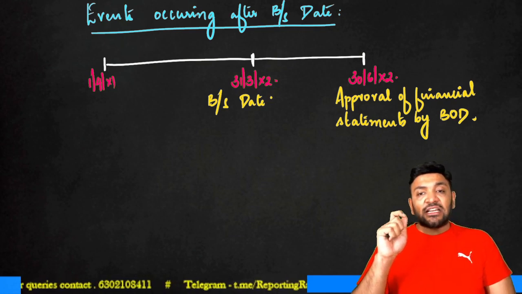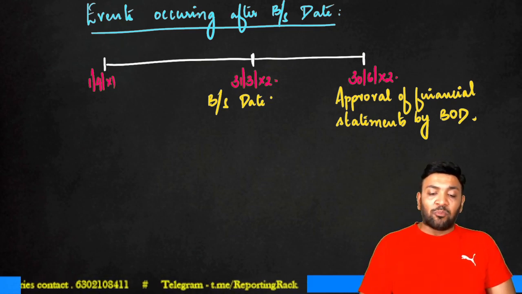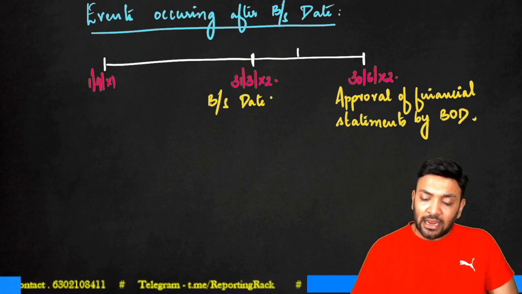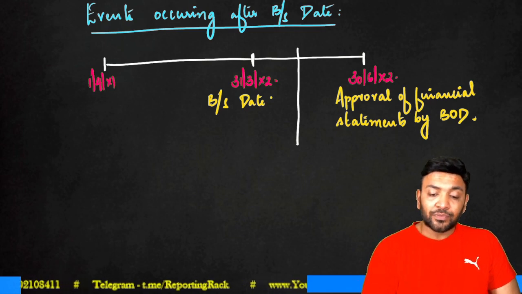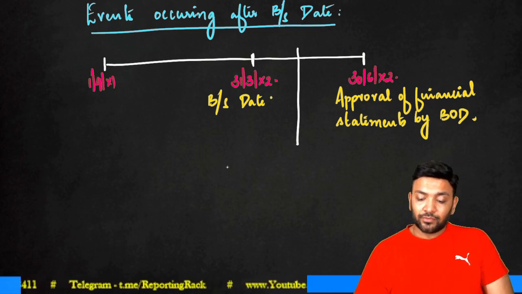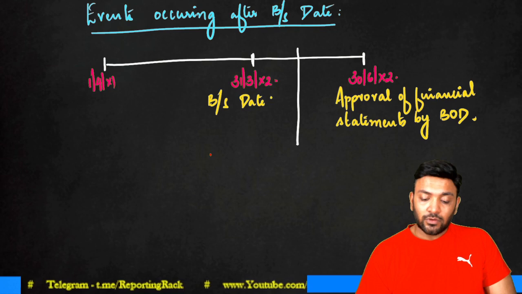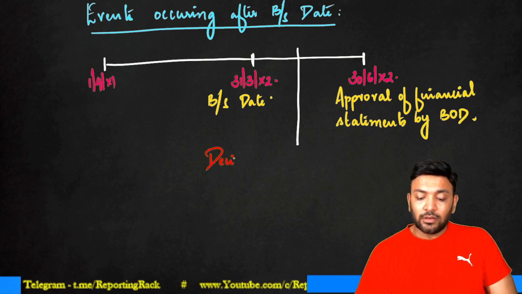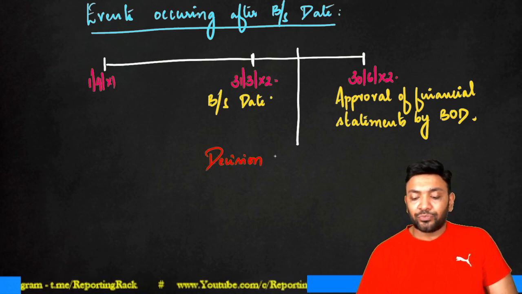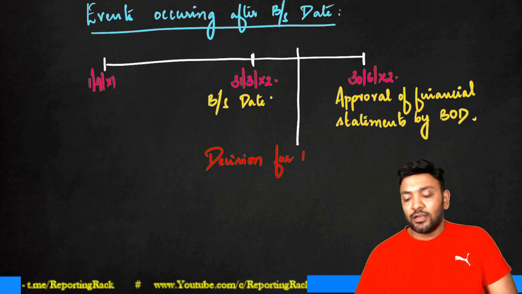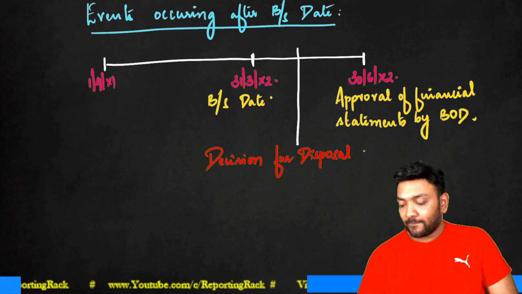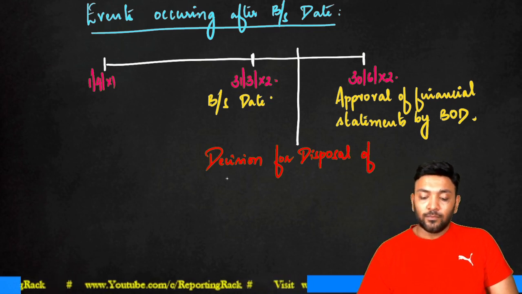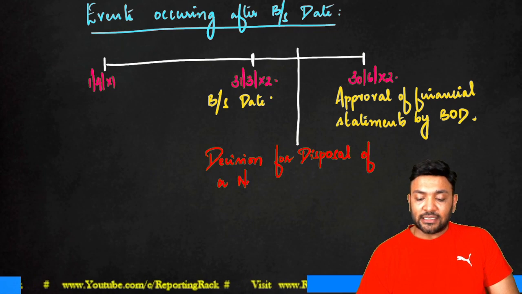Sometime after the balance sheet date and before the approval by board of directors, I have an event somewhere in between, and this event was the decision for disposal of a non-current asset.